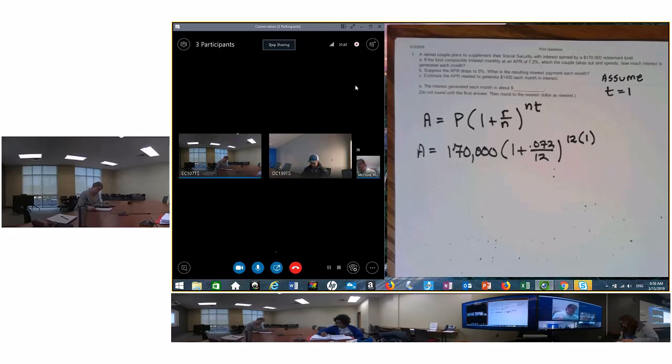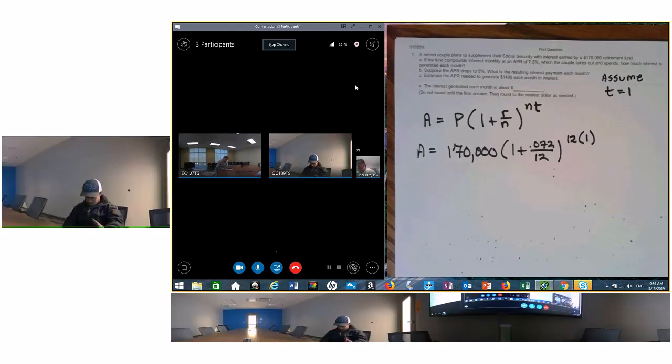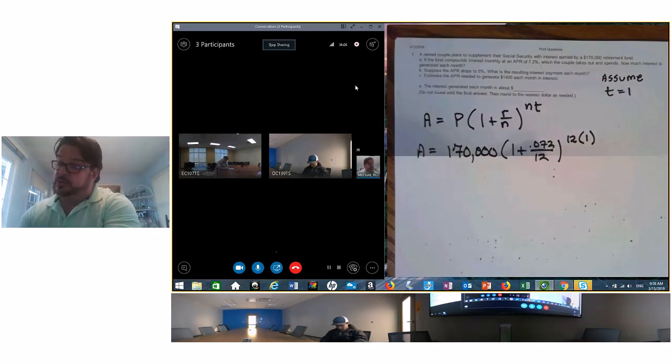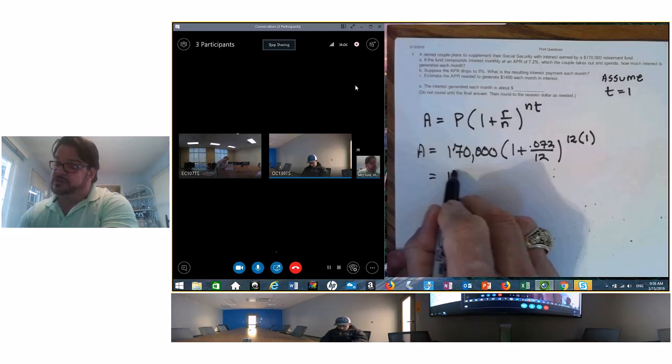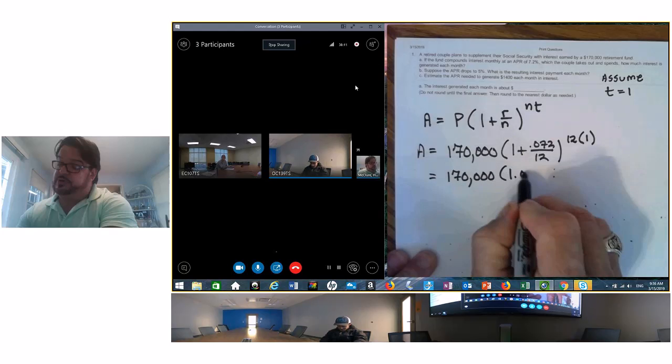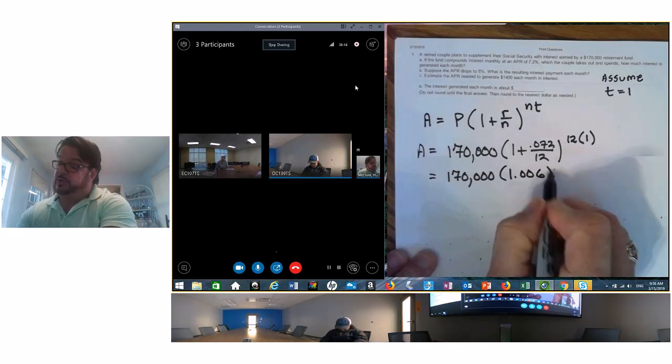So 0.072 divided by 12 equals 0.006, plus 1. I'm going to write this down so you can have it on the recording. So that's equal to 170,000 times 1.006 to the 12th power.